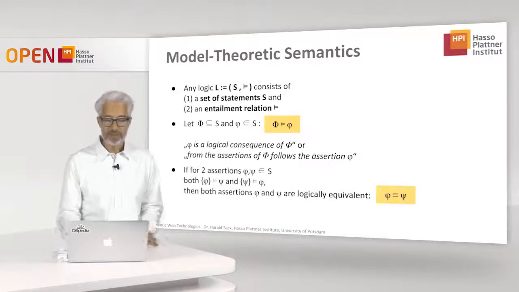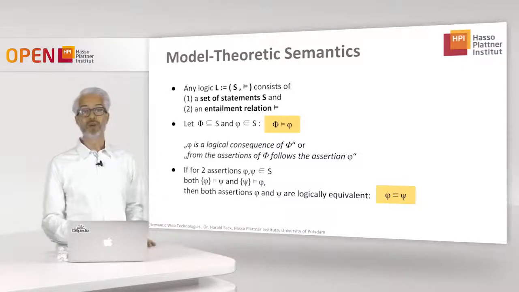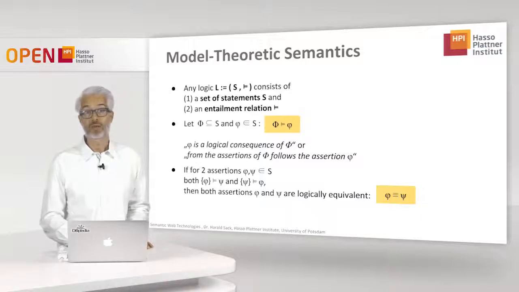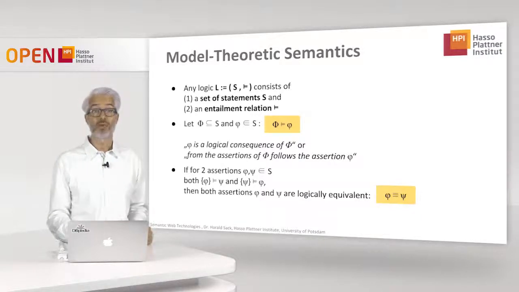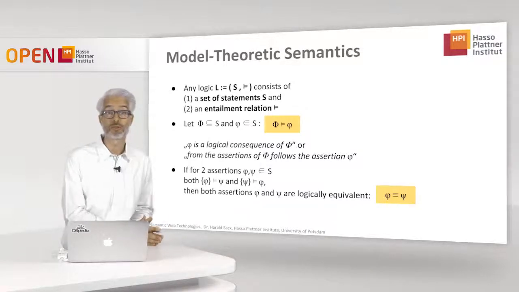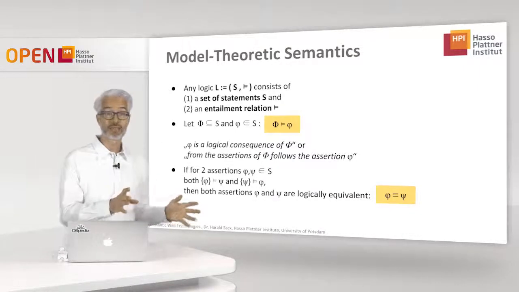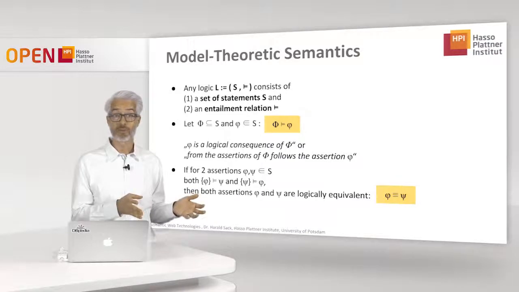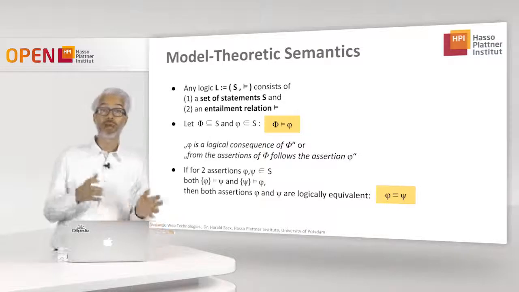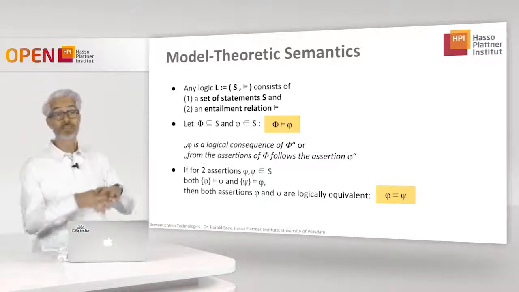And the point is, if you have two assertions, phi and psi, which are both statements of S, of your set of statements, then if both hold, so for example, if from phi you can deduce psi, and from psi you can deduce phi, so here you have to see in the entailment relation, always on the left side there is a set of statements, so therefore if you have a single statement we have to write curly braces around that. And on the right side we simply derive one statement or entail one statement from a set of statements.